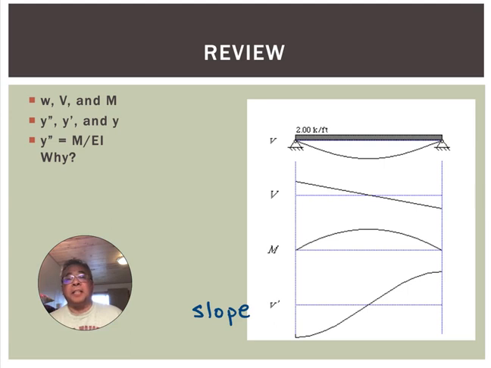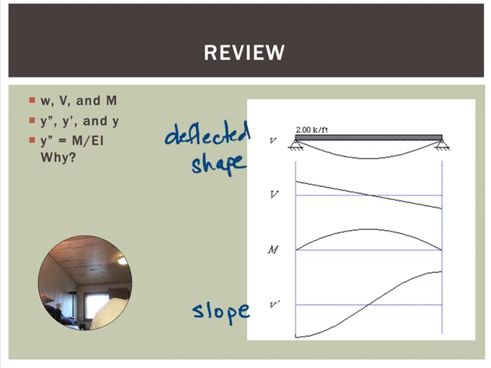And you can see in the load diagram, it also shows a deflected shape. So you start with the load, then the shear, moment, integrate one more time, you get the slope, and then finally integrate another time and get the deflected shape.